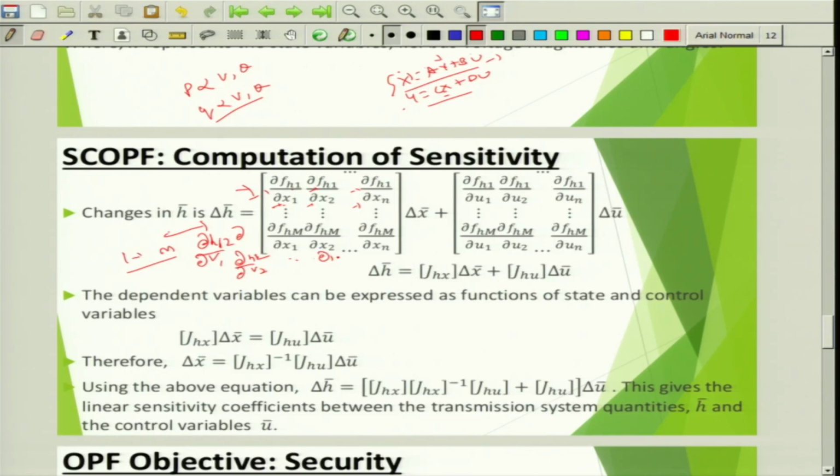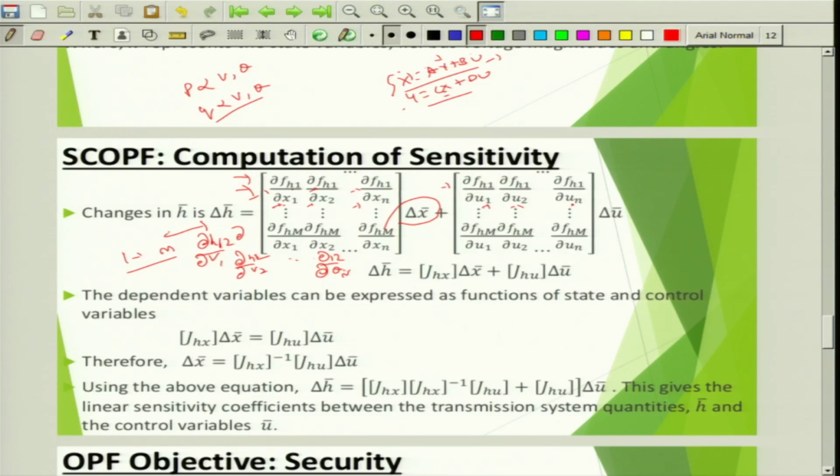Similarly, dou h12 by dou theta n, whatever the last variable is, right. Similarly, you do it for all the dependent variables. That is this matrix basically, and that is multiplied by delta x, the total state variables, and then similarly you do it for all the control variables, dou u1, dou u2, up to dou un.